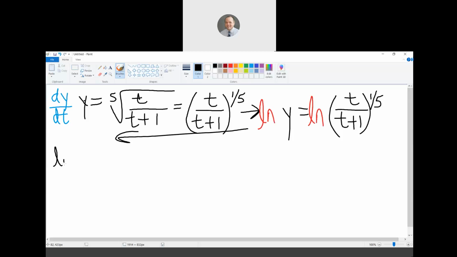And we have natural log y equal to, on the right-hand side, using the exponent law for natural logs by moving the 1/5 to the front, 1/5 natural log of t over t plus 1.